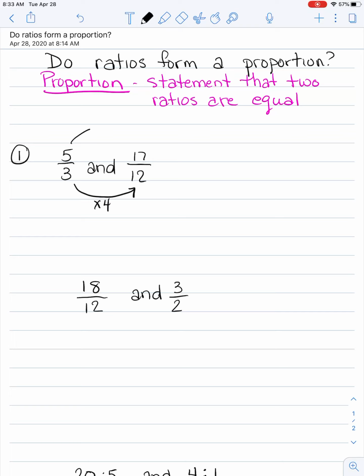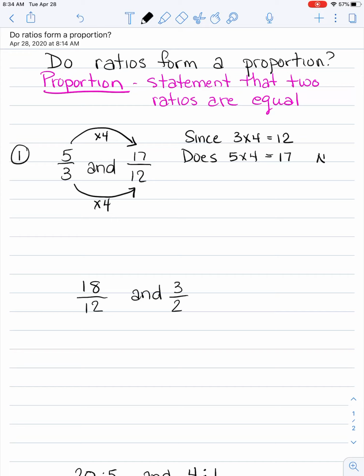Well, if this is a proportion, then this should be true, that the numerator multiplied by 4 should give me the other numerator. So let's see, since I know that 3 times 4 equals 12, I'm going to ask myself, does 5 times 4 equal 17?